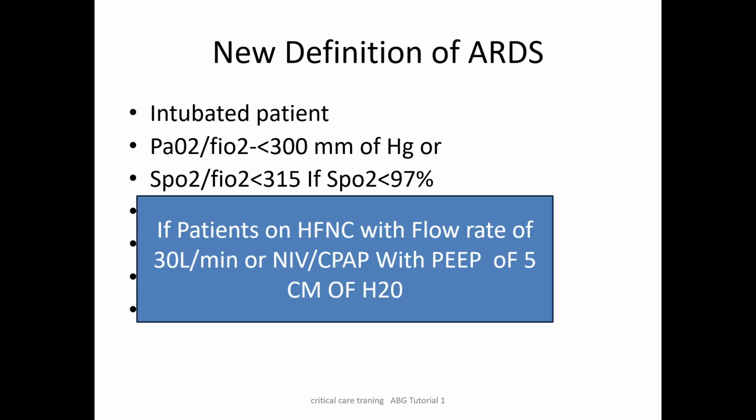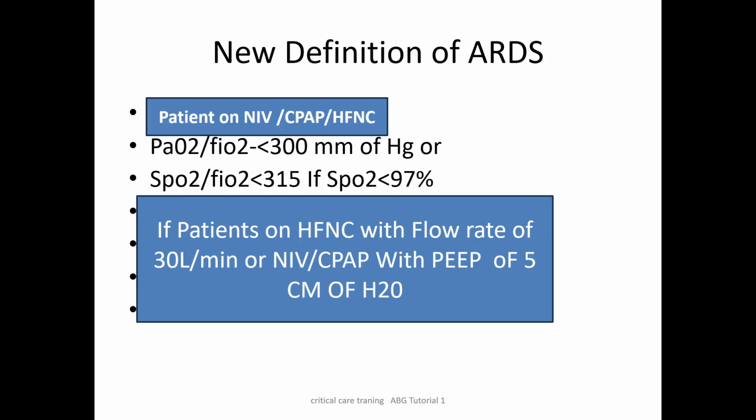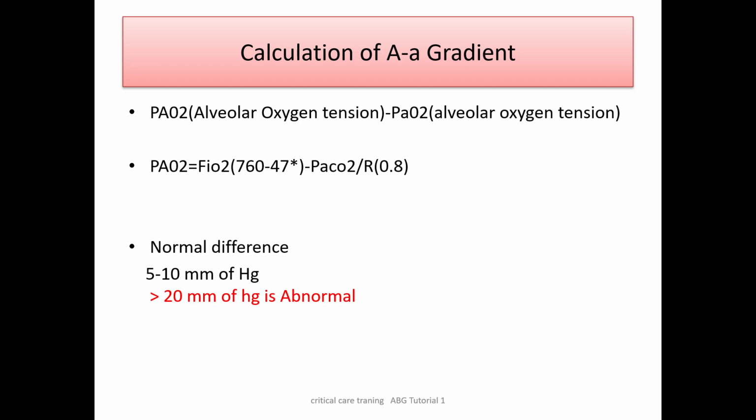In high flow nasal cannula, patients are to be included if they are on 30 liters per minute, or NIV or CPAP with PEEP of 5 centimeter of water. The definition holds true, and they can be considered ARDS if SpO2/FiO2 is less than 315. So this is the importance of knowing this new definition.